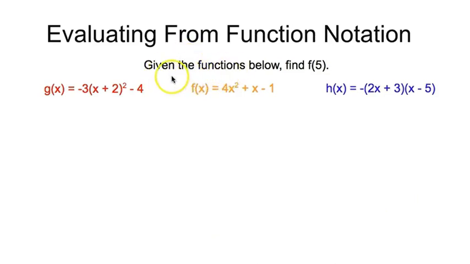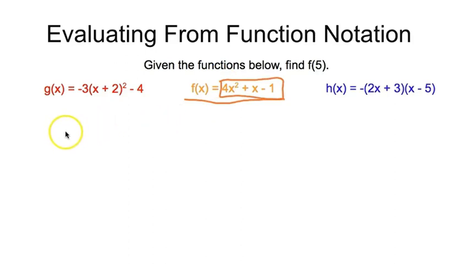Given the functions below, and you can see I have 3 of them. I have g of x, I have f of x, and h of x, remembering that f, g, and h are just names. I want to find f of 5. So that f tells me I'm dealing with this function right there. I can ignore all the others. And I want to find the y value when x is equal to 5. Well, this right here is my quote-unquote recipe for finding the y value.